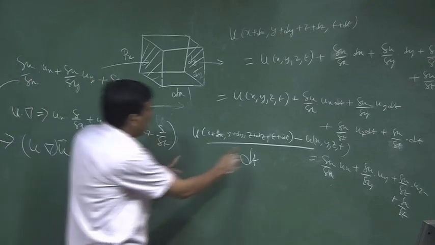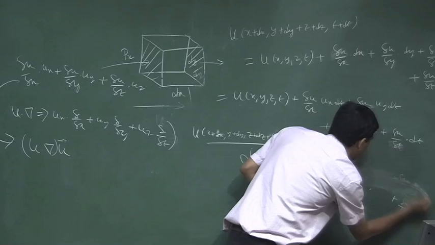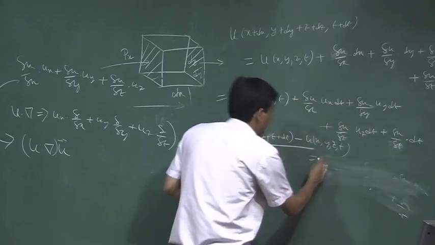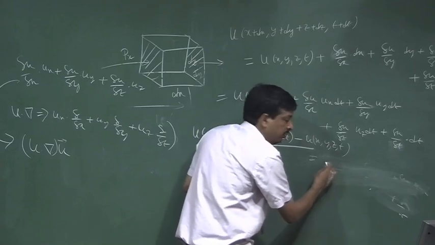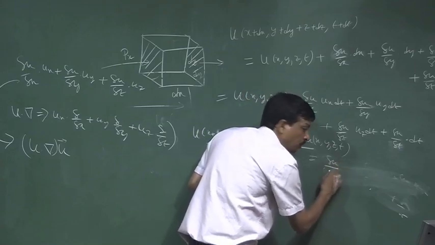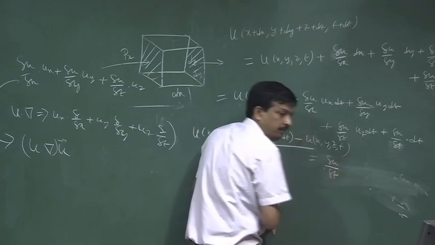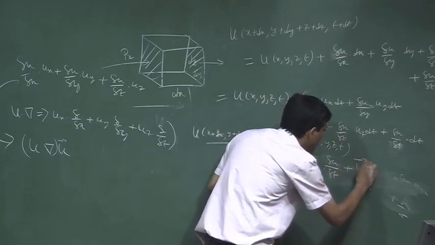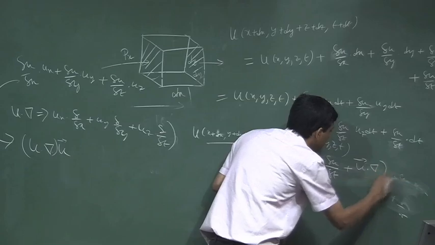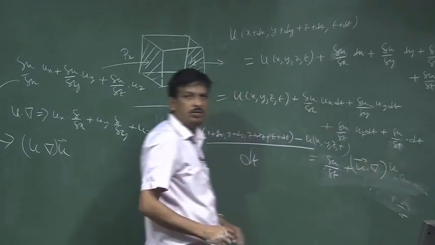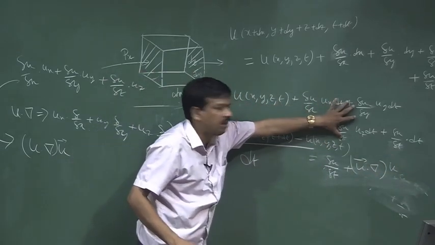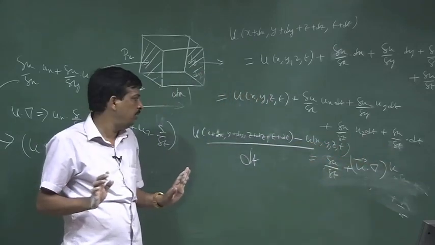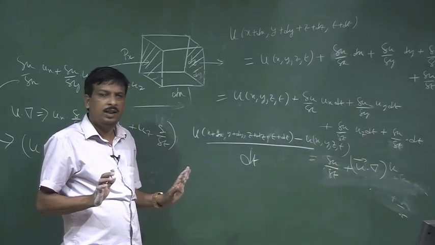Now, one term will be there, which is ∂u/∂t plus u·∇u. You just change this term and a du/dt term will be there. Okay. Now, what is this?